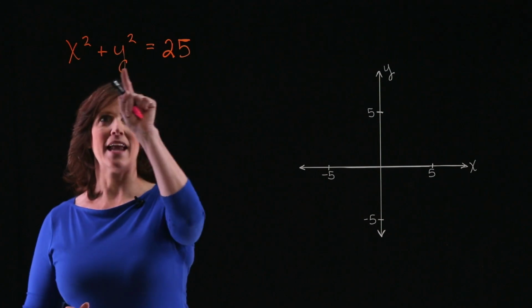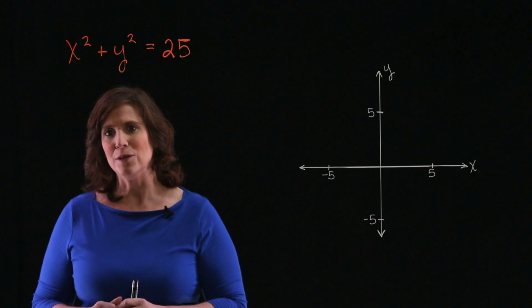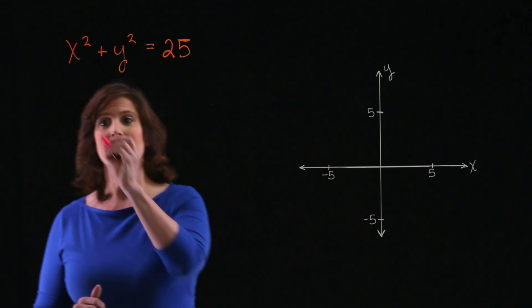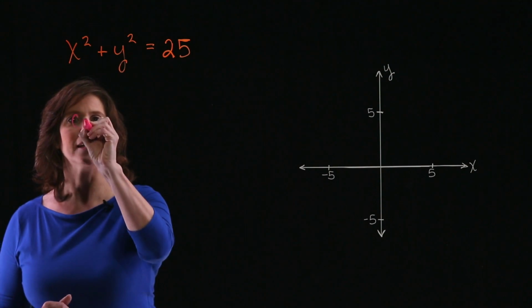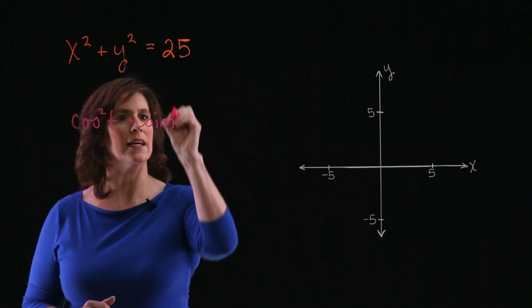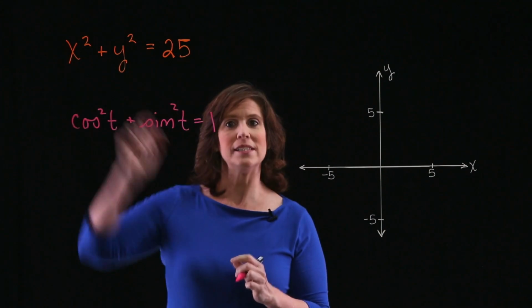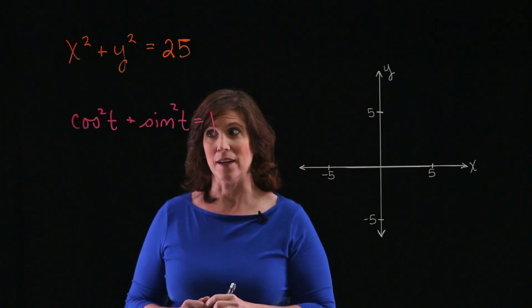So I'm going to take a look at x squared plus y squared equals 25. And I'm going to make use of the Pythagorean theorem because I know that cosine squared t plus sine squared t equals 1. This looks very similar to the problem that I was given.